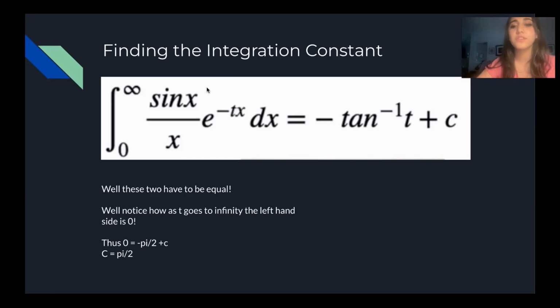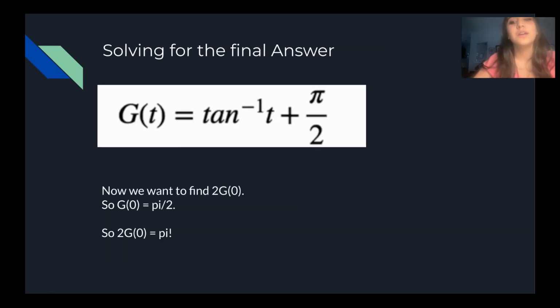So we will be left with 0 is equal to negative pi over 2 plus c. Algebra, c is equal to pi over 2. So then we can simplify our g of t statement to become g of t is equal to the negative arctangent of t plus pi over 2.